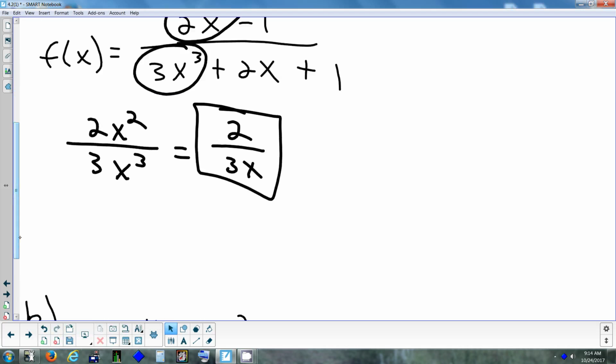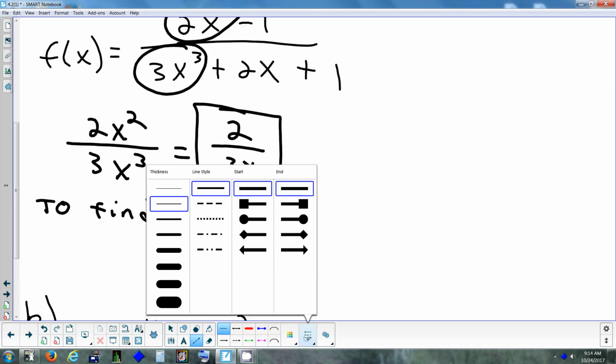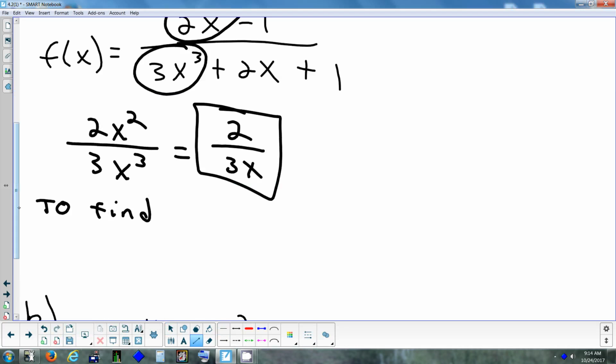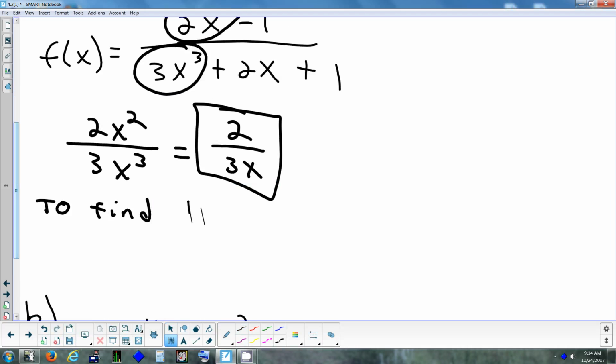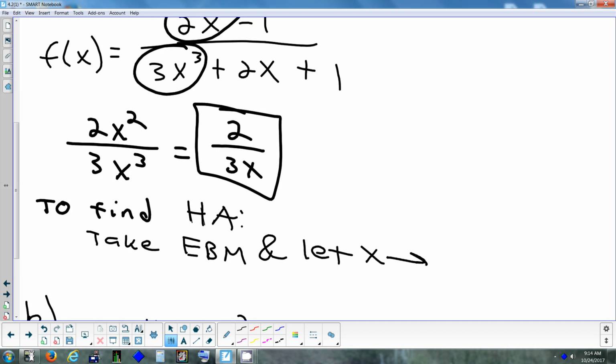So, to find horizontal asymptote, take your end behavior model and let x approach positive or negative infinity.